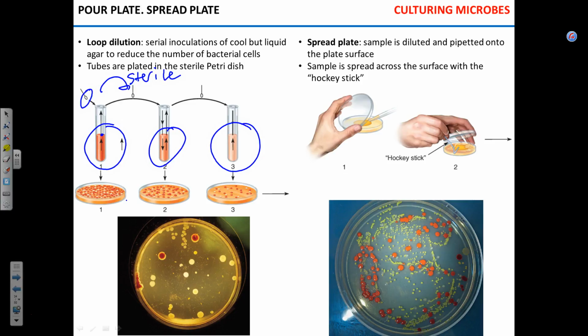Right? Follow me? So you subsequently dilute your sample. And then, after you prepare each sample, you pour it in the plate. And the number of colonies decreases. This method, if a little bit modified, allows you to count the number of cells in your sample.